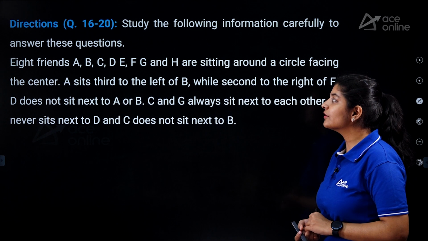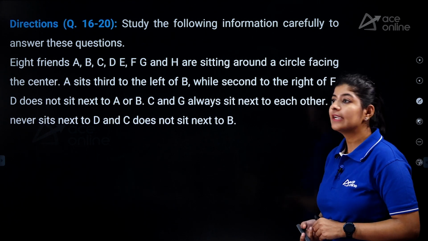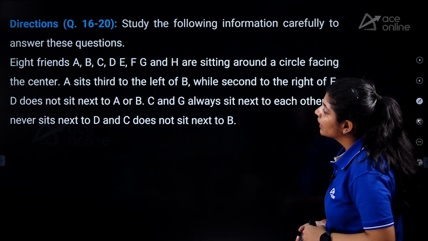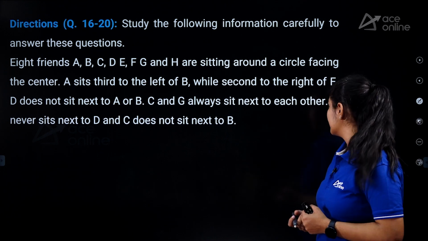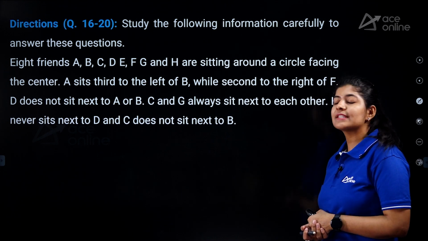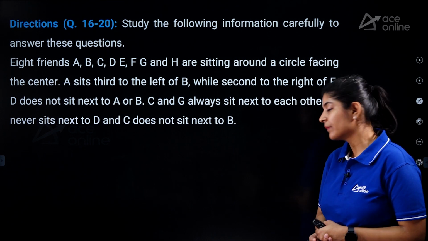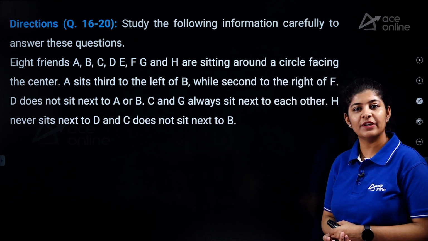A sits third to the left of B, while second to the right of F. D does not sit next to A or B. C and G always sit next to each other. H never sits next to D. And C does not sit next to B. So we know that whenever we are having these types of puzzles, we may have different types of cases.